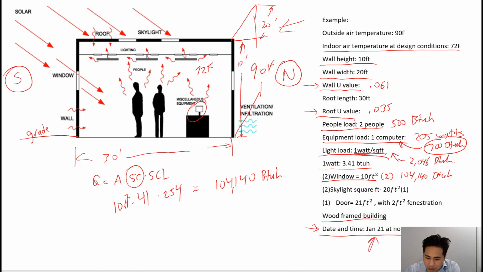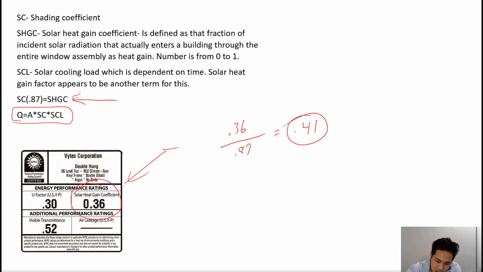We also need to calculate the conduction through the window. What we just calculated was a radiation heat gain through the window. Now we need to add that to the conduction. The conduction formula is Q equals U A delta T. The U for this window is 0.3.